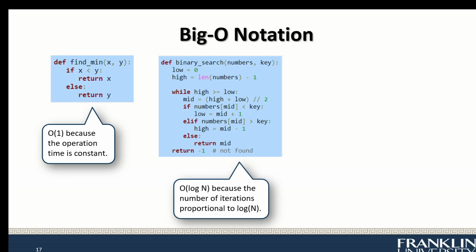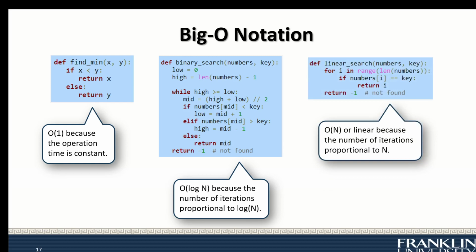Every iteration, the loop gets cut in half. So this is a divide and conquer operation. And as we saw earlier, every time we execute a loop iteration, the number of elements gets cut in half. The Big O running time for this algorithm, binary search, is O of log n.